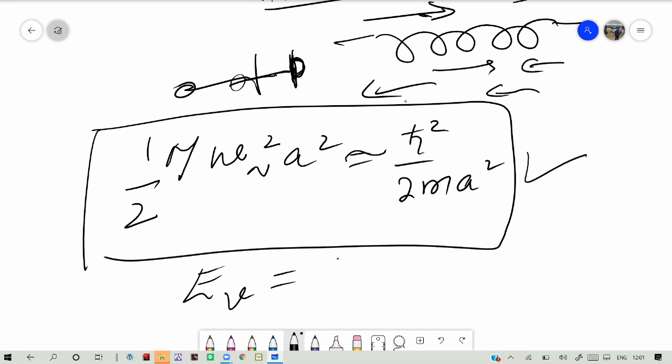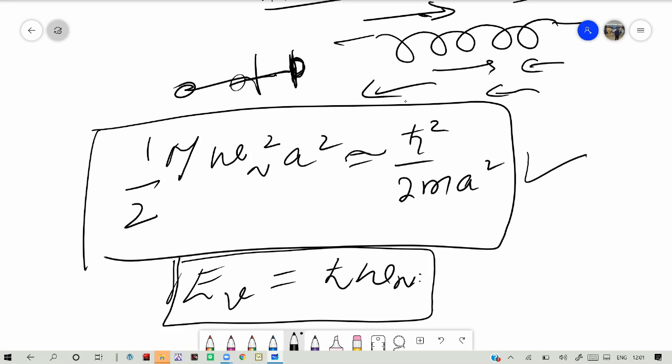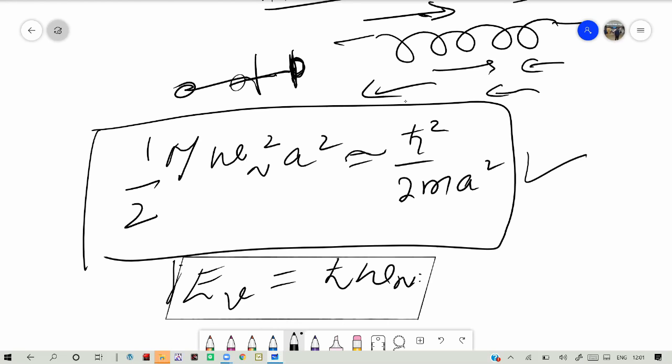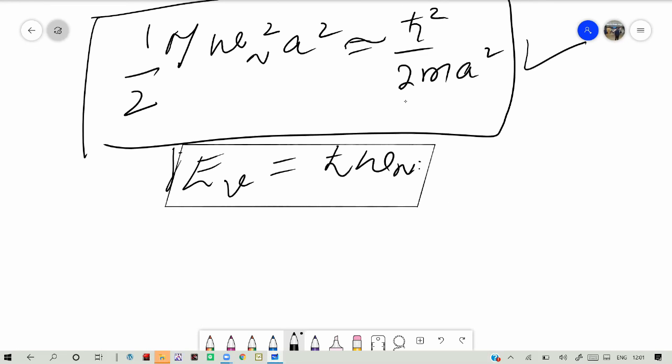So we can write the vibration energy. What is it equal to? h cut omega n, because it is vibrating now. So we have the vibrational energy in terms of the vibrational frequency, that is the angular frequency, that we can write as h cut omega n.